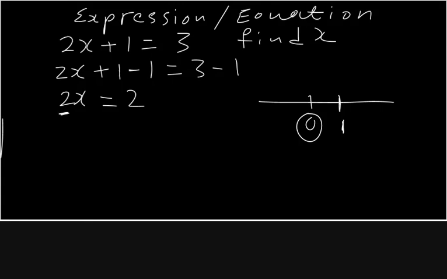So what do we do to get x? We divide both sides by 2, 2 over 2. So these 2 will cancel these 2. So x will come out. x equal to 2 divided by 2 is going to equal 1. That is x is equal to 1. That is our answer for that. See, there is a slight change.